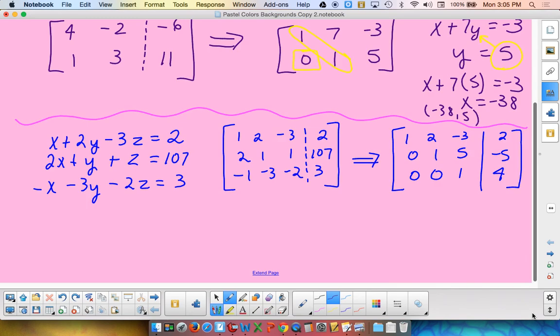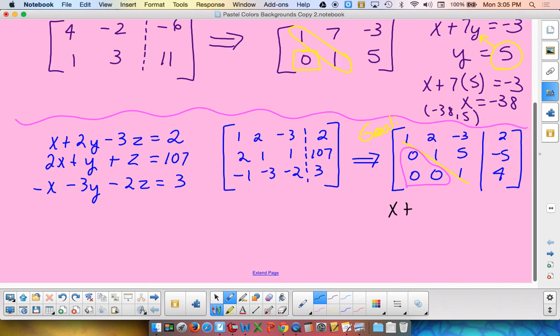And my goal, what I was out to get, is over here. Notice, once again, I have 1s in the diagonal, and everything below that is zeros.